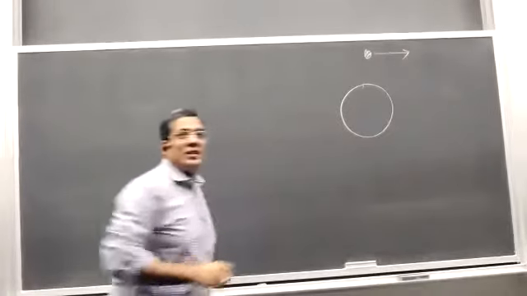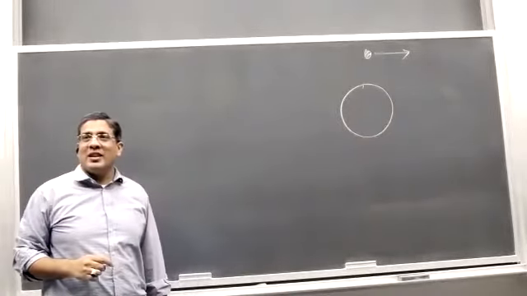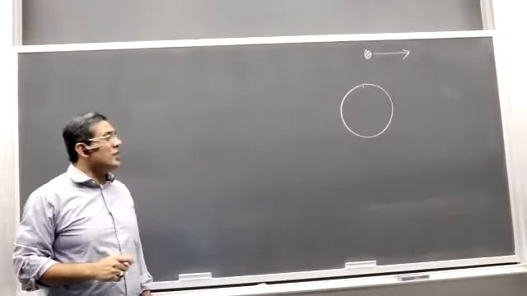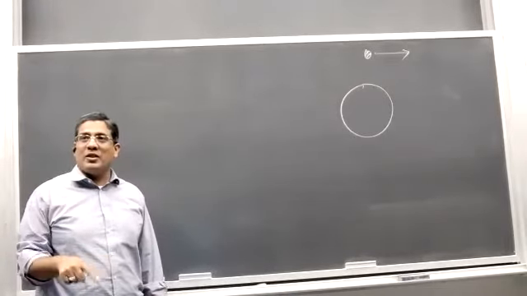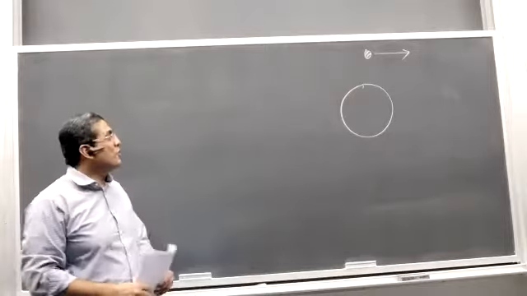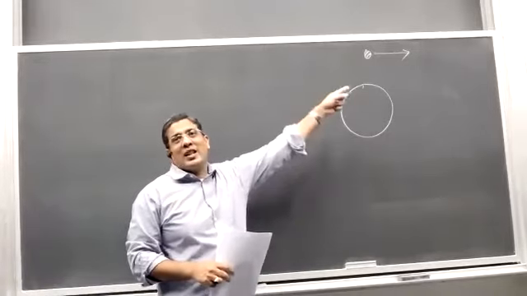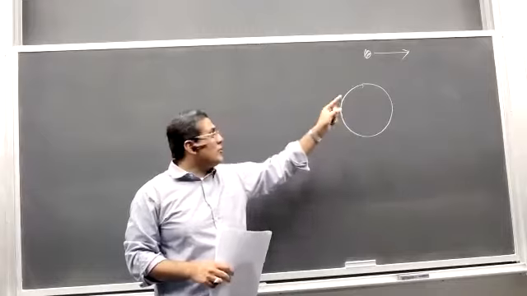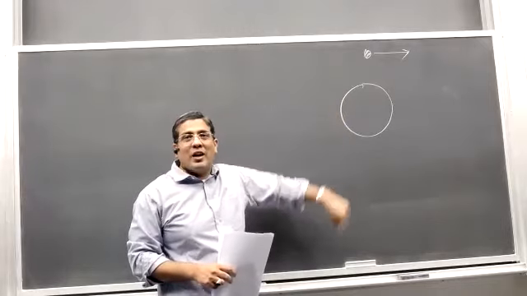Because that is what his first law says, that an object would continue its state of motion, including both the direction and the magnitude. So the moon should stay in a straight line, but it actually goes into orbit.